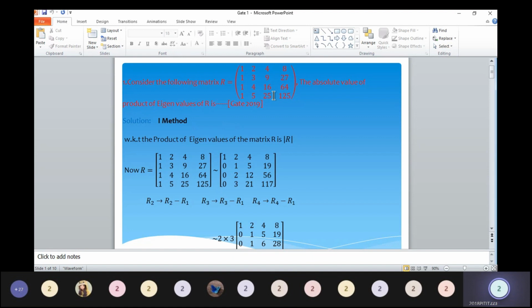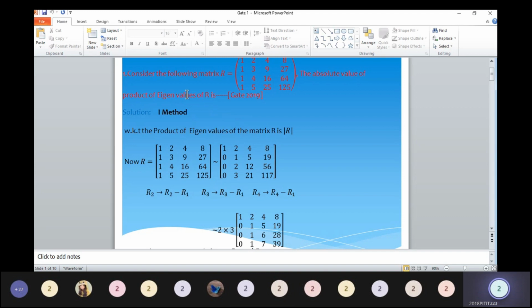One is using properties of eigenvalues. The product of eigenvalues is the determinant of A. The sum of the eigenvalues is the sum of the main diagonal elements. So that is our property of eigenvalues of the matrix.